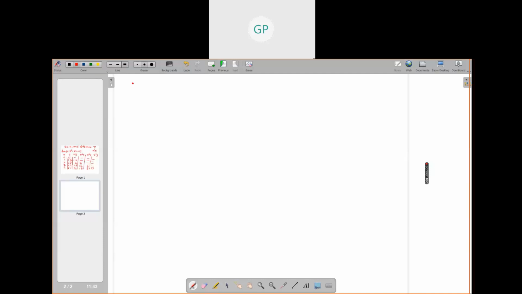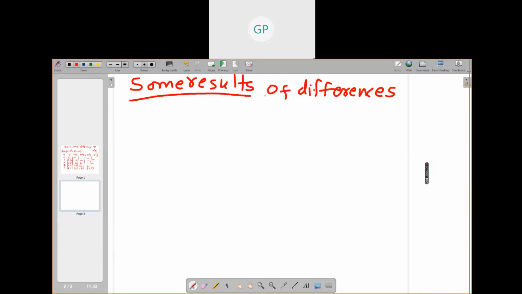Now can we see some results of differences? Write down some results of differences.